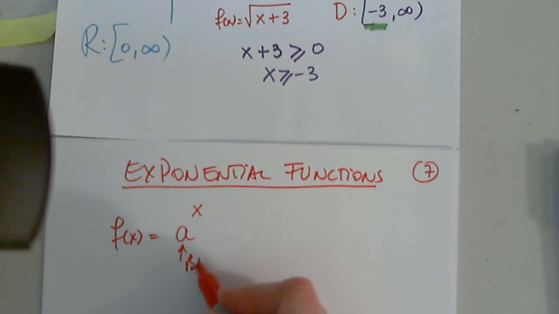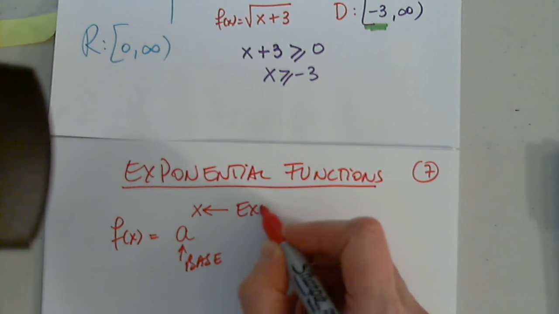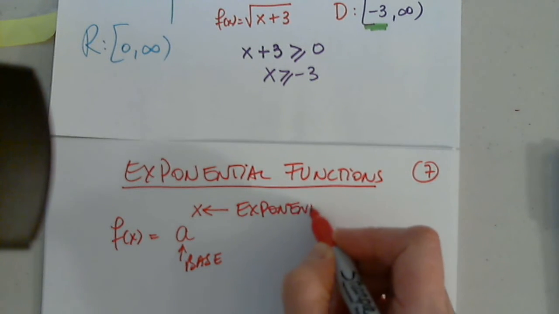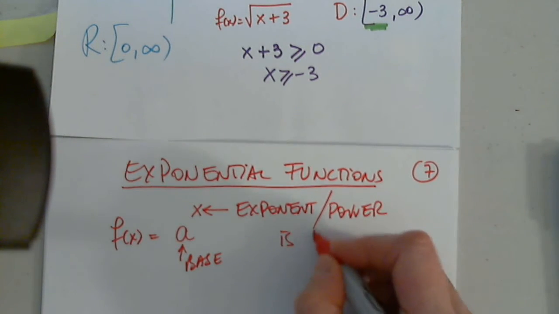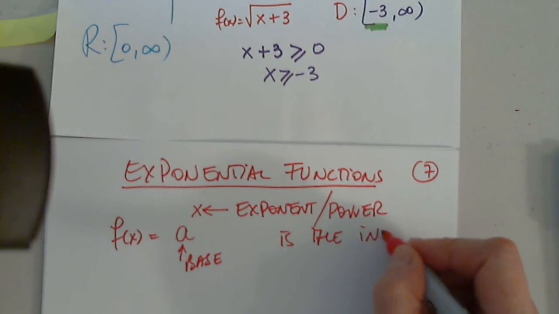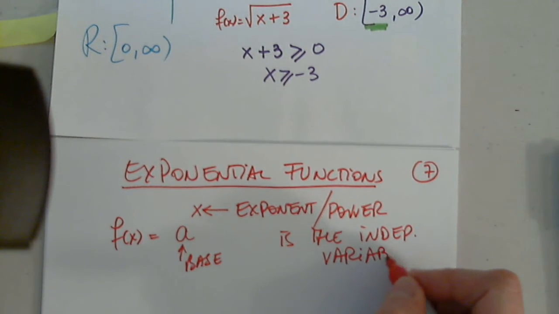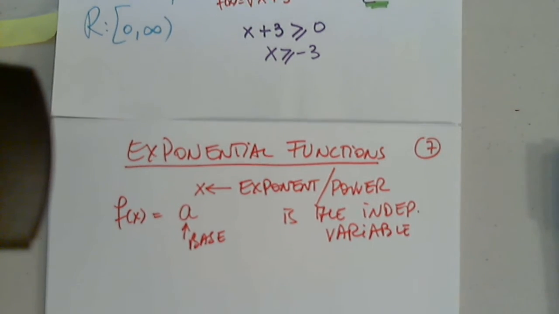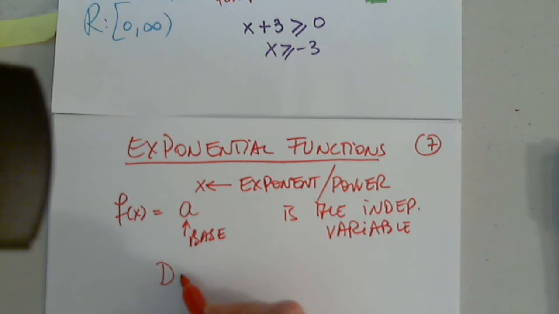This is the base, which is a number. This, the exponent, called power also, is the variable, the independent variable. These are nice functions. Friendly when it comes to the domain. Anything goes, no problem.